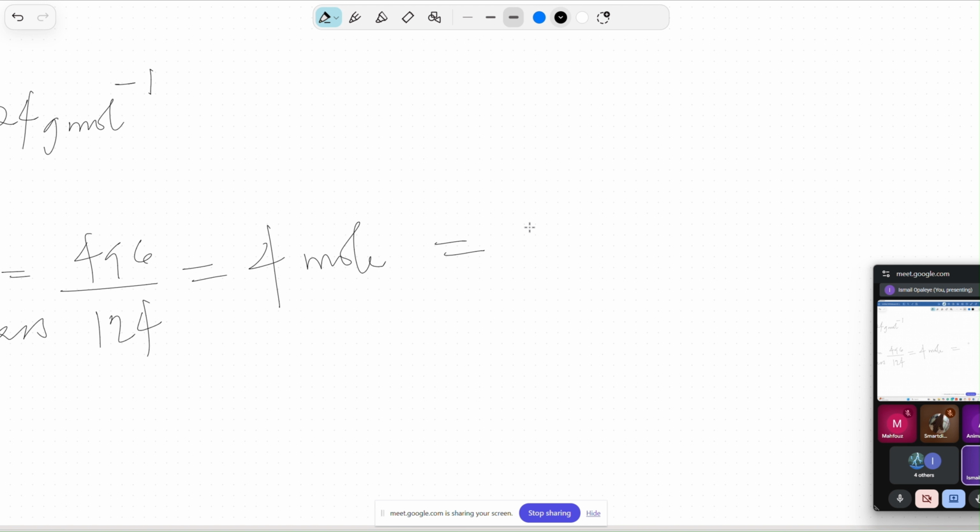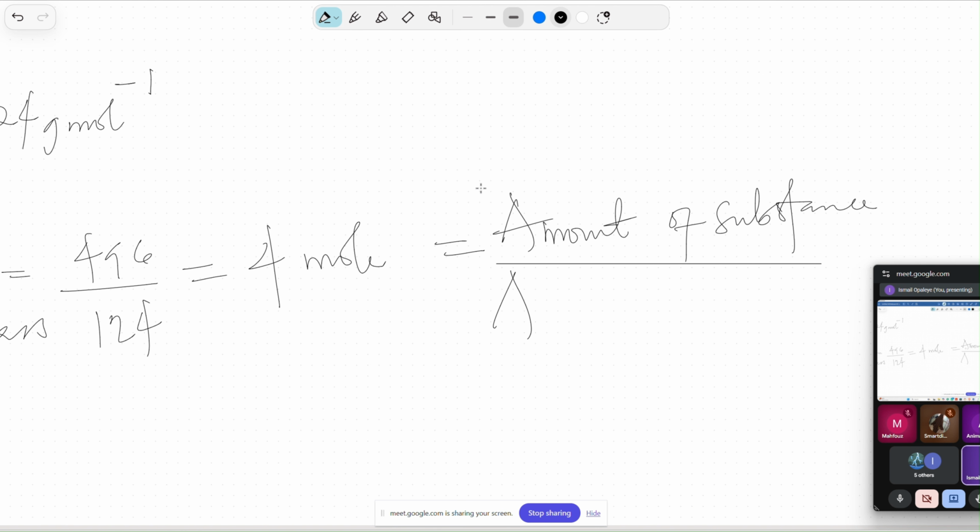equal to amount of substance divided by Avogadro's number. Okay, the Avogadro's number, I will just write 6.02 times 10 to the power 23 there.